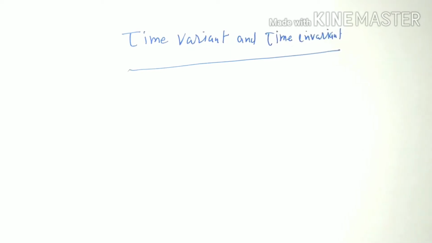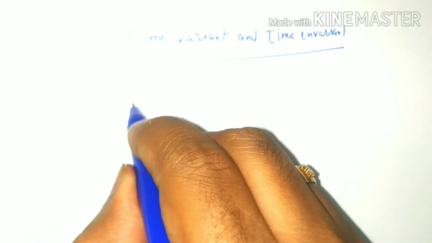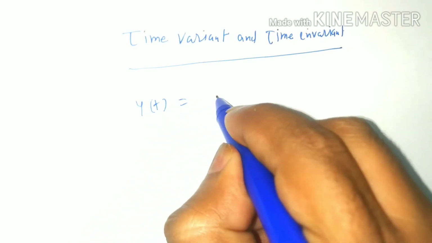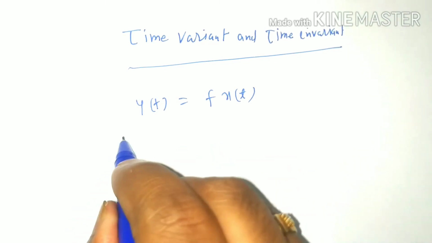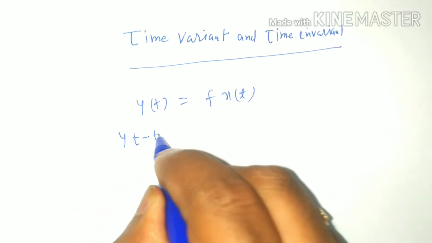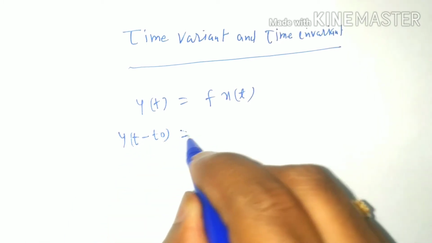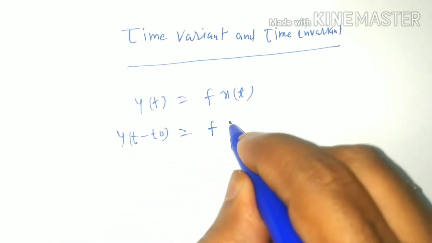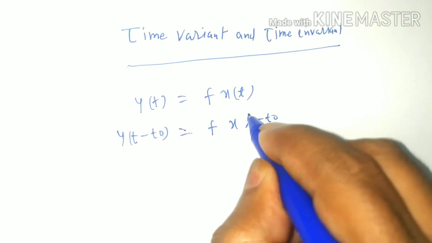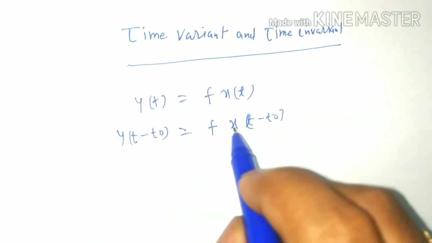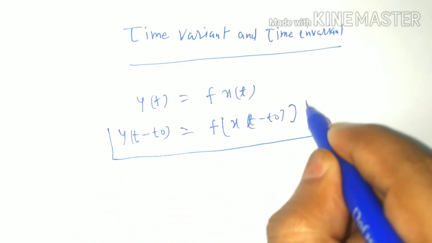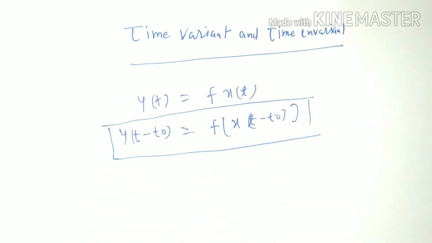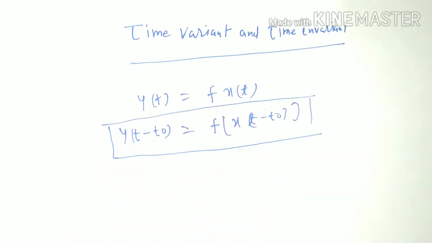Mathematically it can be defined as follows. If a system y(t) is a function of x(t), and we shift y(t) by a delay t naught, and correspondingly the input x(t) is also shifted by the same time delay t naught, then if the two are equal, this will be a time invariant system.